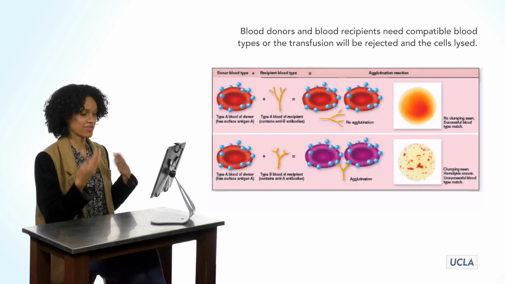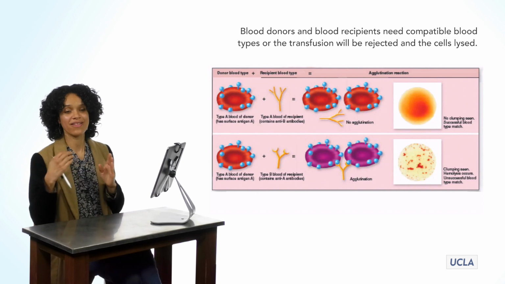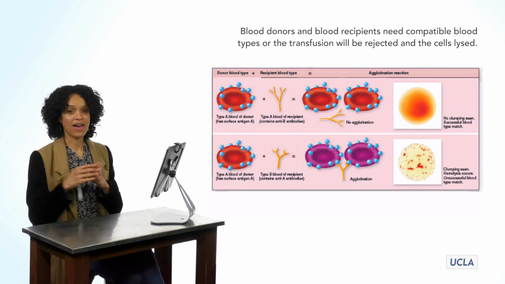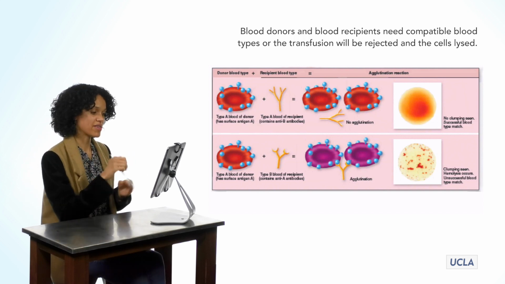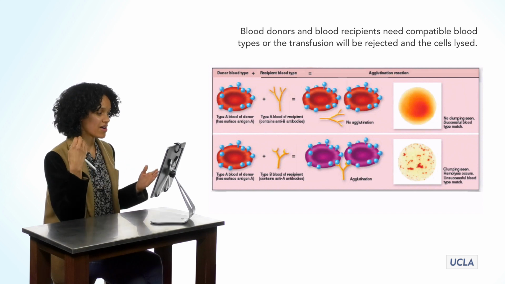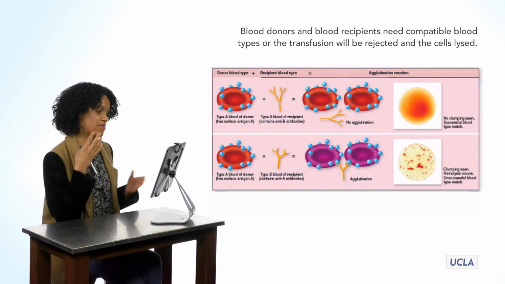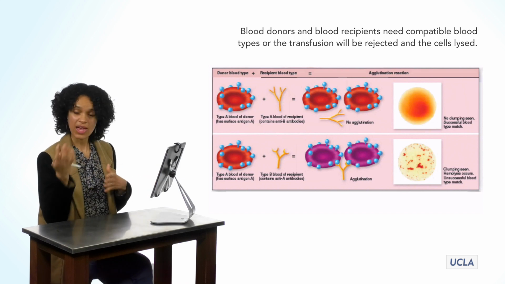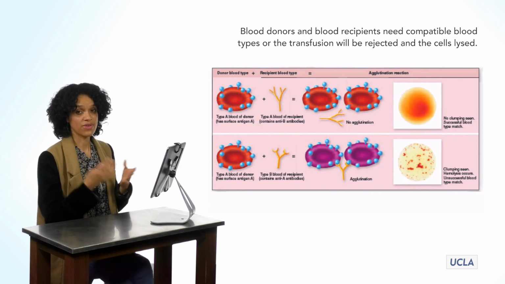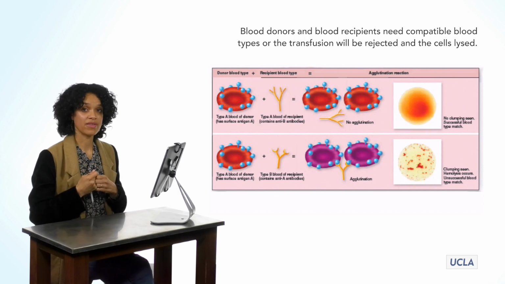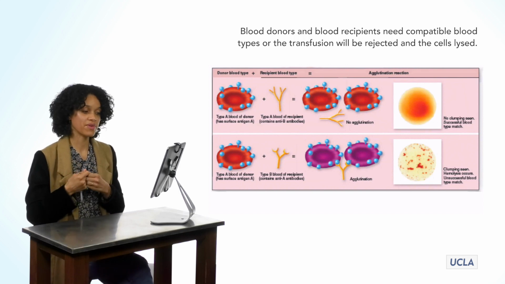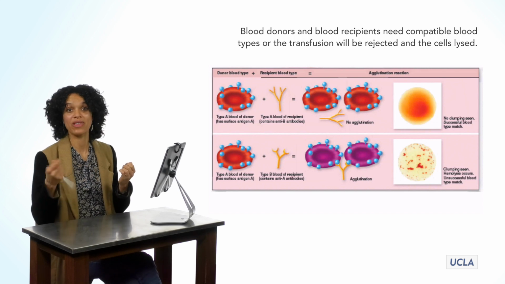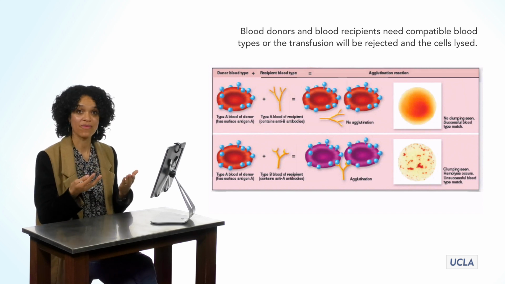And as we said, this is just kind of a review that, when you have red blood cells that have antigens that can bind to a recipient's antibodies, not only do you get the clumping that we talked about in the blood typing procedure, but you can also get lysis because of what we talked about last week with the immune reactions.